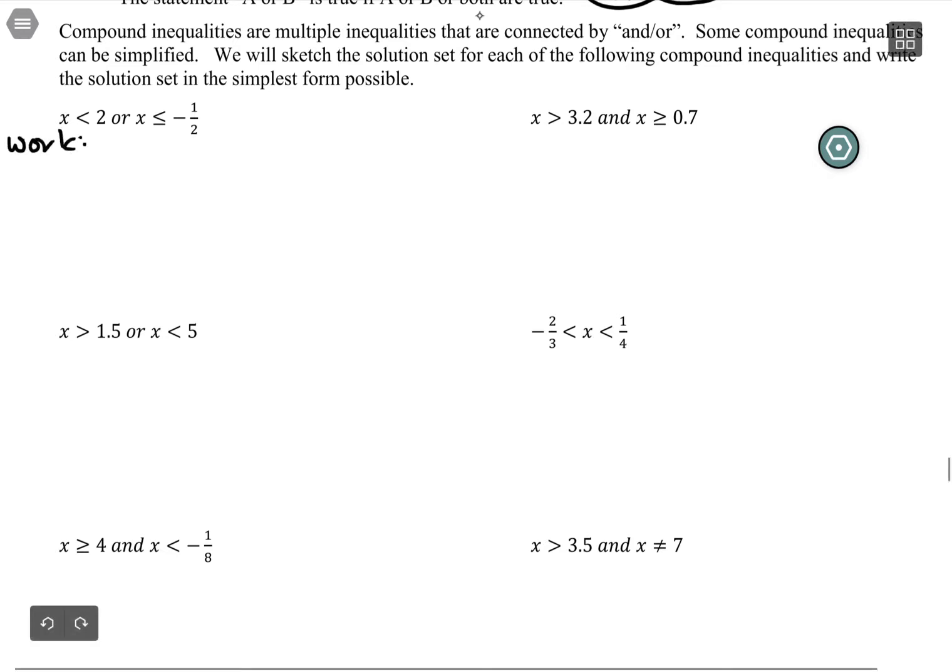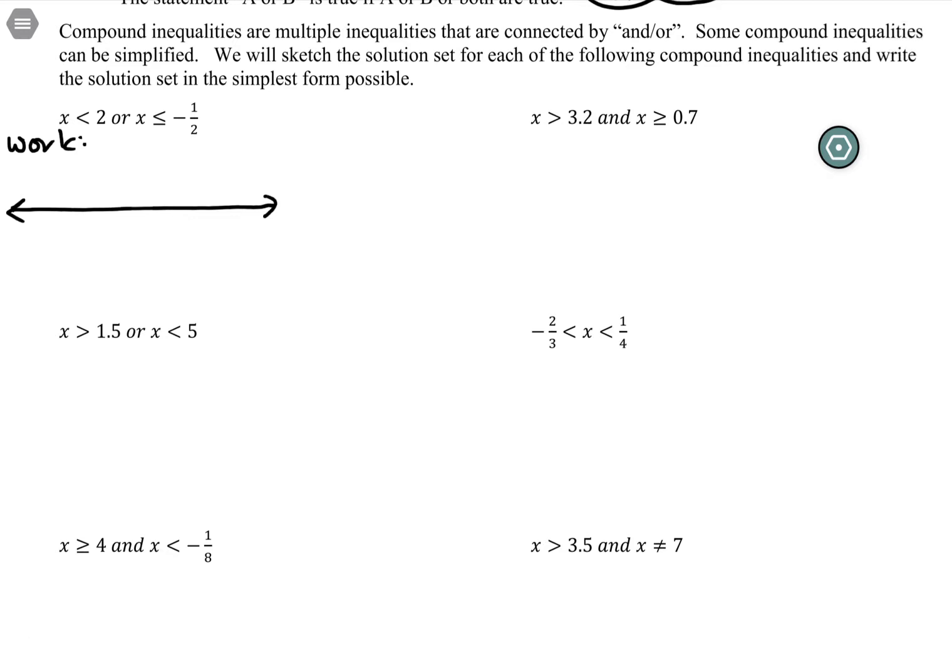So my work, and I'm labeling this really carefully because sometimes people get confused and they think that drawing the two individually is their answer. It's not, it's just your work. So I'm going to say, okay, we have x less than 2, which looks like this.